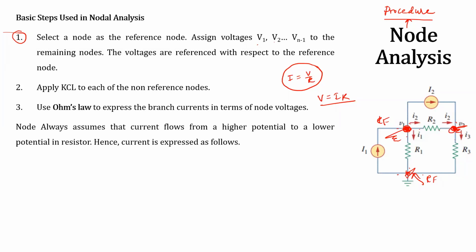That is said in the third procedure. That is, the current is the difference of the voltage between the high level voltage and the low level voltage divided by the resistance. That is said here. You will come to know the meaning of the third one later.